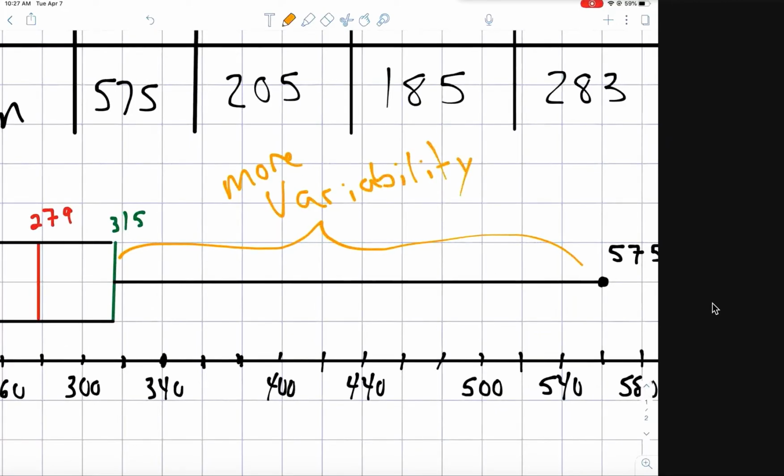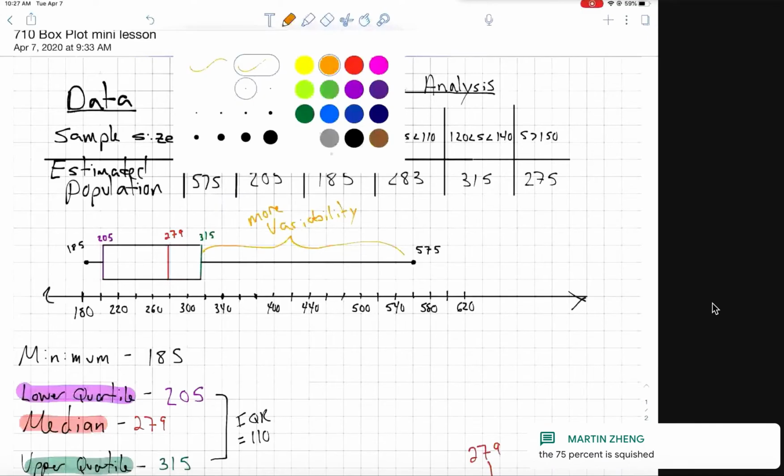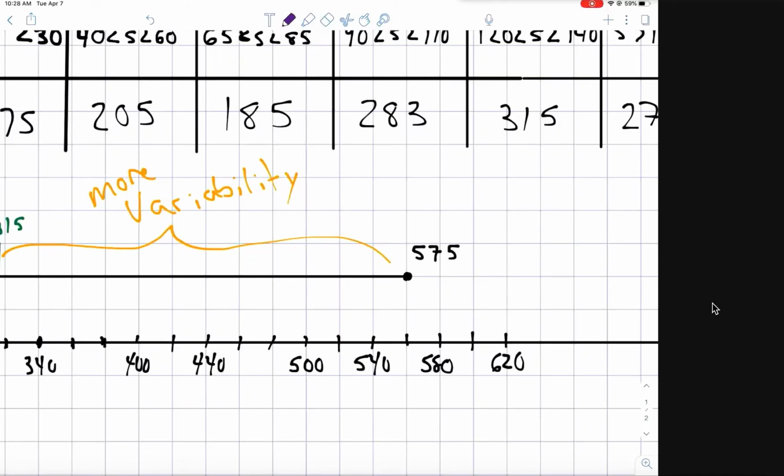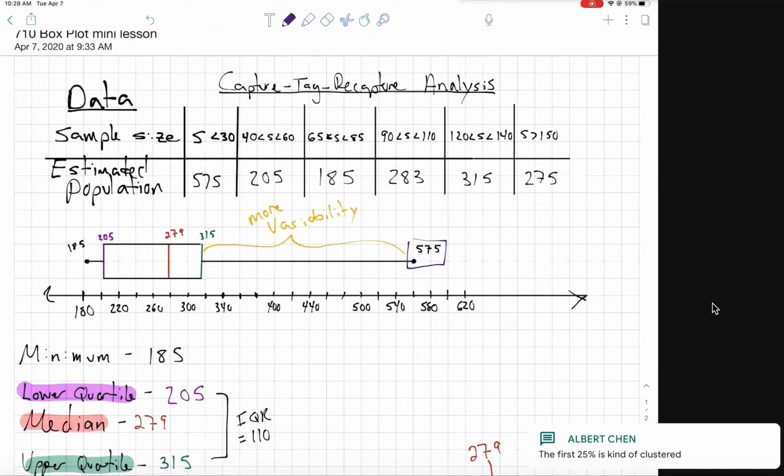Anything else you want to share that you think is insightful or something that might be interesting to talk about? What do you guys think about this, the 575? Why do we think, yeah, the first 25% is kind of clustered.